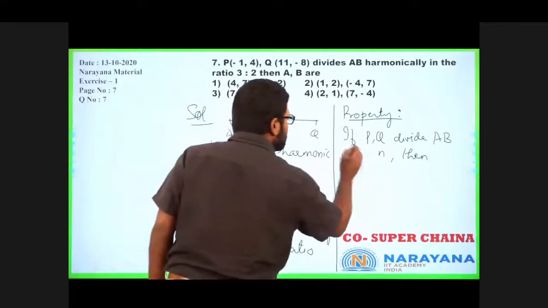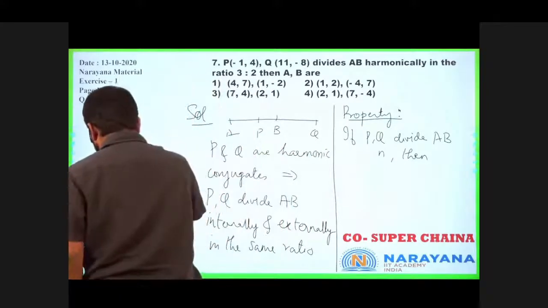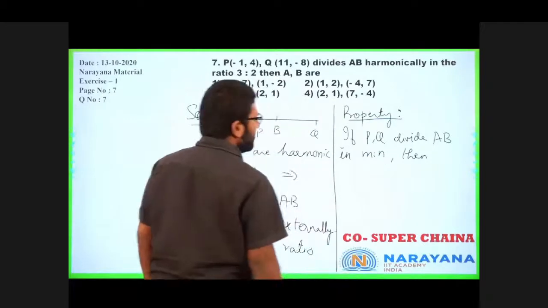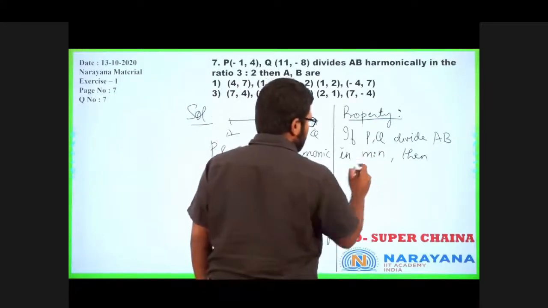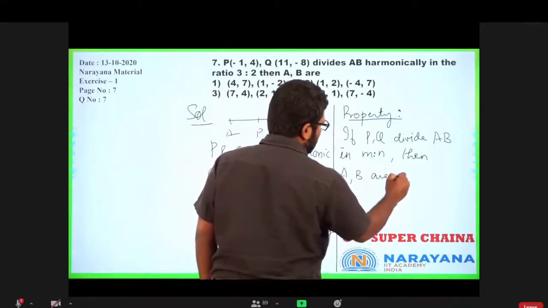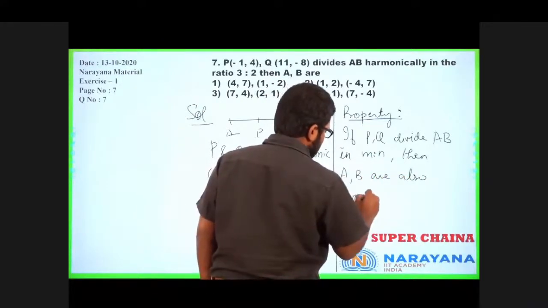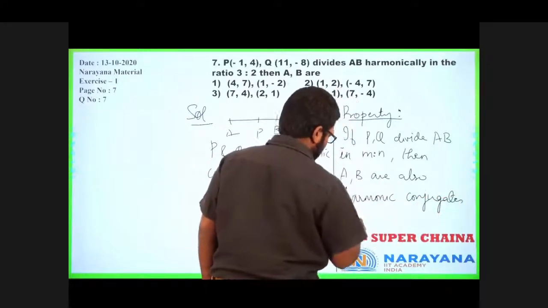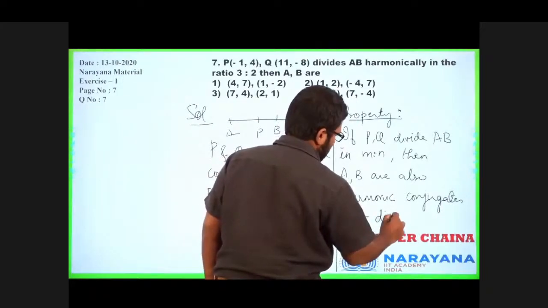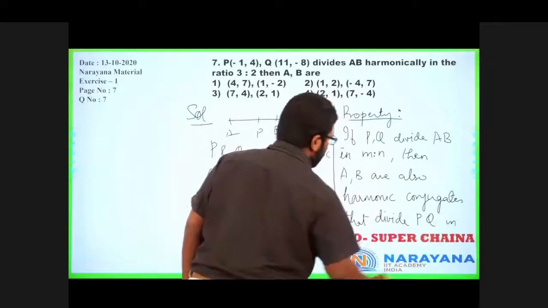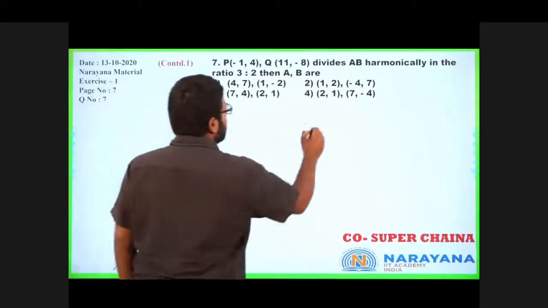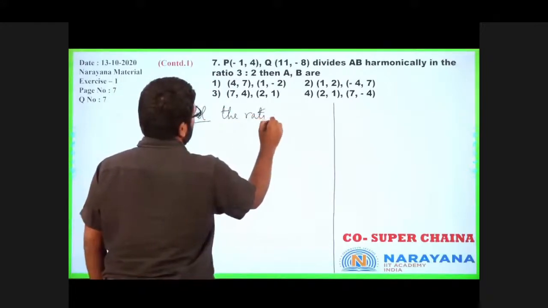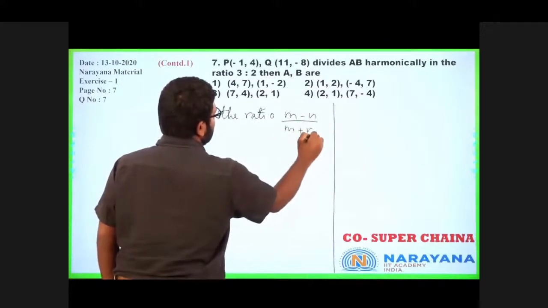But if PQ divide AB in the ratio M is to N, then A, B are also harmonic conjugates that divide PQ in the ratio M minus N upon M plus N. Okay.